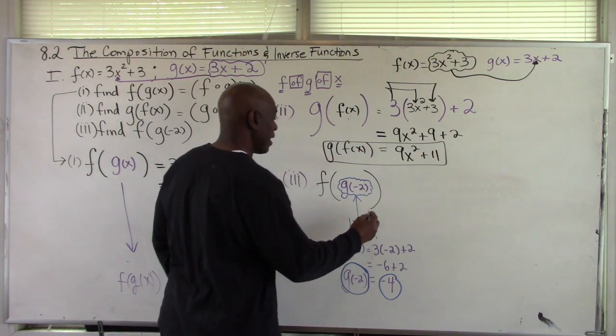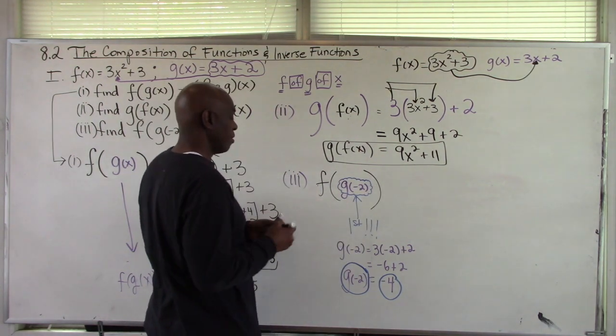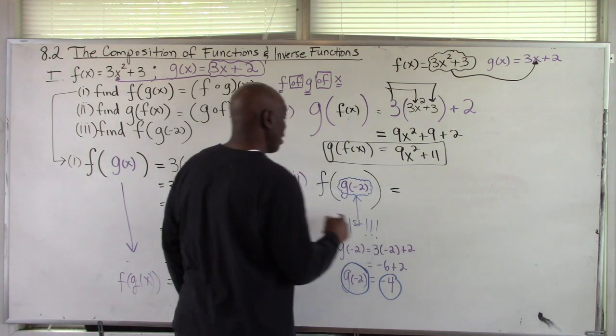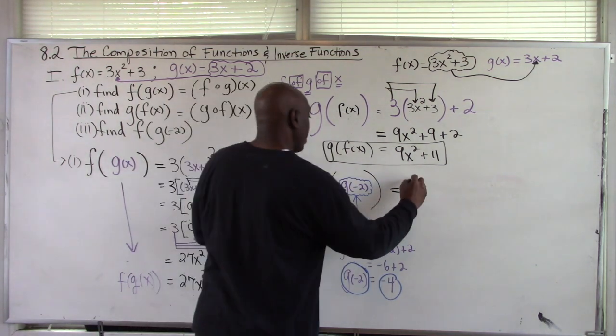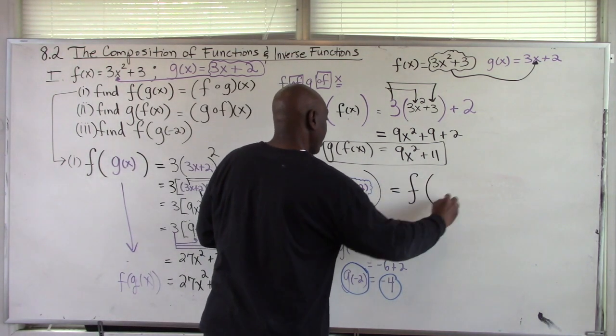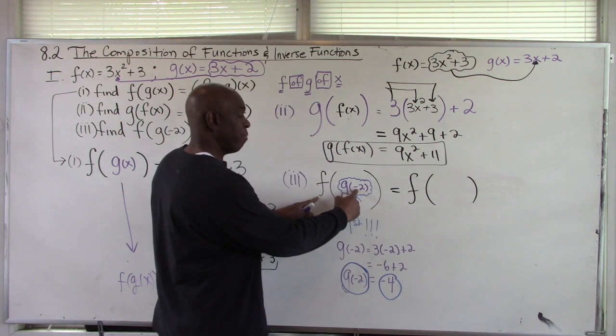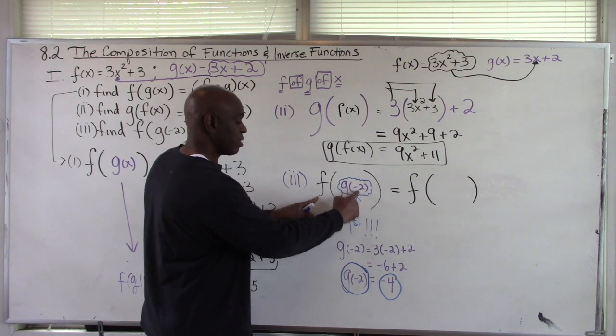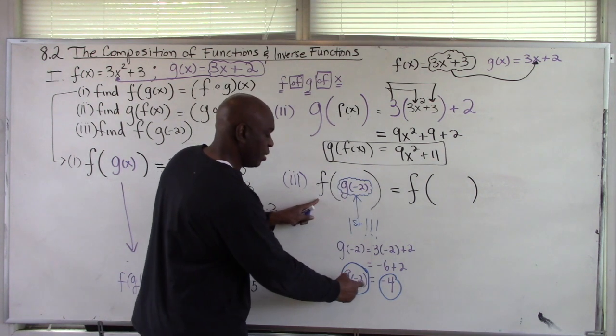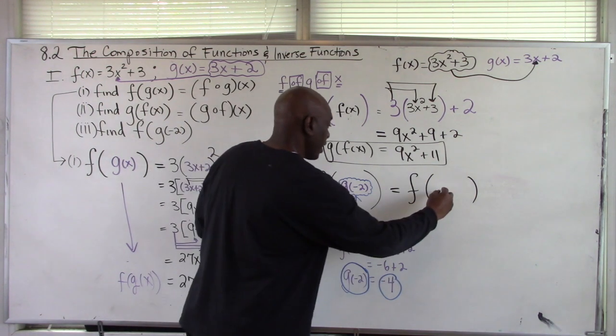So now I can rewrite this. So now this is going to equal, I'm going to keep the f. F of, I'm not going to write g of negative 2 no more, because I know what g of negative 2 is. G of negative 2 is negative 4. So I'm going to put a negative 4 right here.